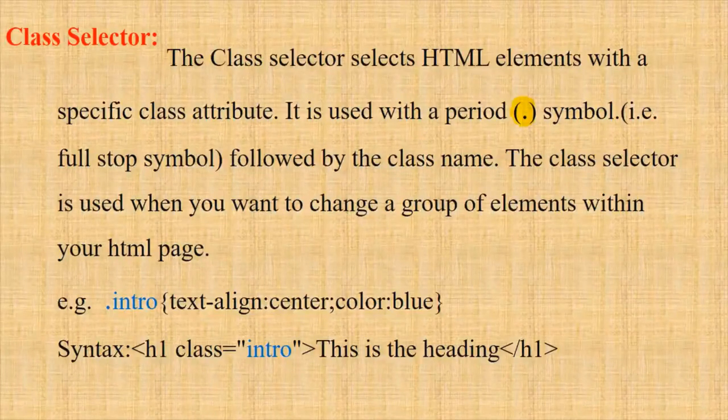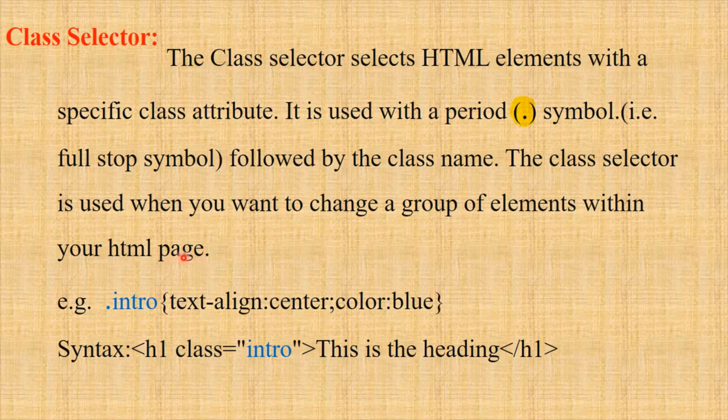Now see the next type, class selector. The class selector selects HTML elements with a specific class attribute. It is used with a period symbol followed by the class name. The class selector is used when you want to change a group of elements within your HTML page.